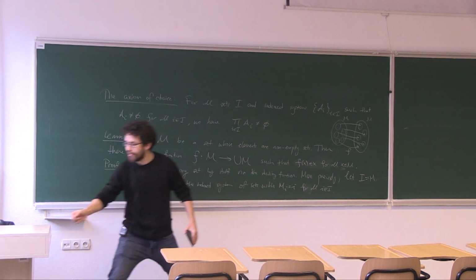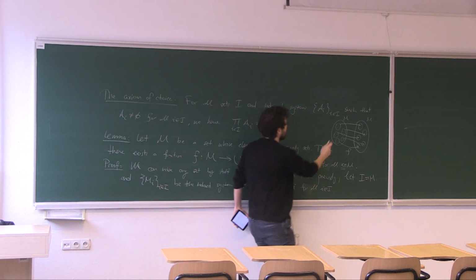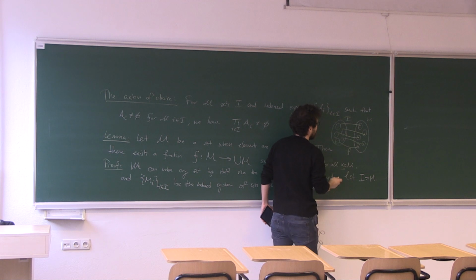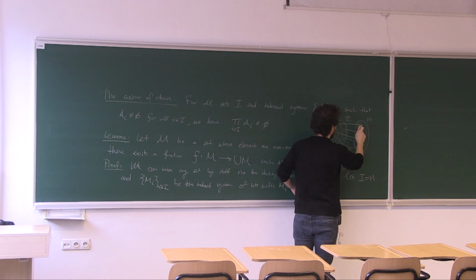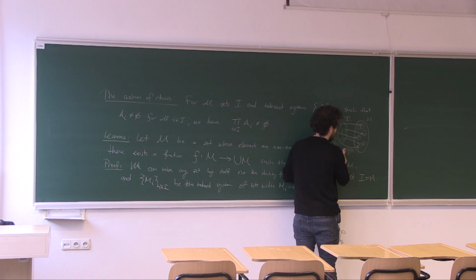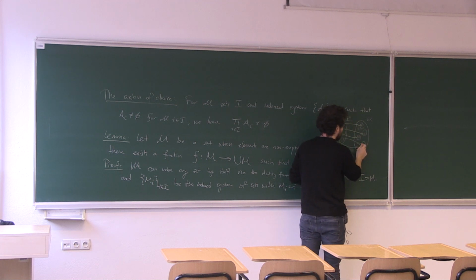So basically what I did was, this is my set M. I chose this as my index set, and I look at the identity function on this. Now I'm not looking at the choice function.